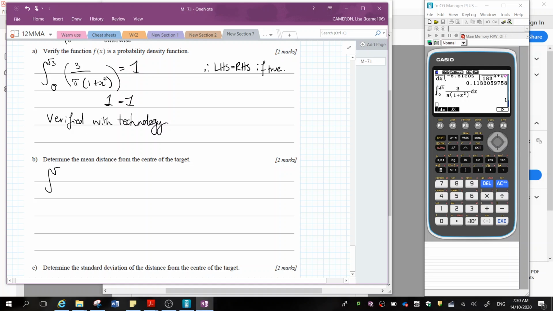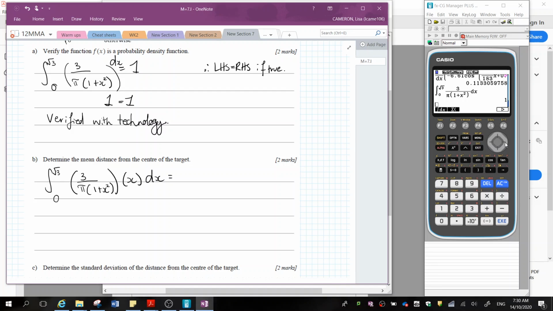So now we're going to be integrating, still between 0 and root 3, 3 over pi bracket 1 plus x squared, close bracket, close bracket. We're going to multiply it by x, with dx.